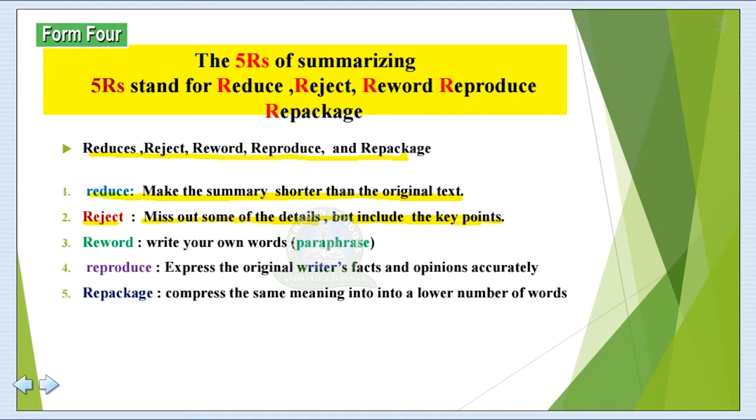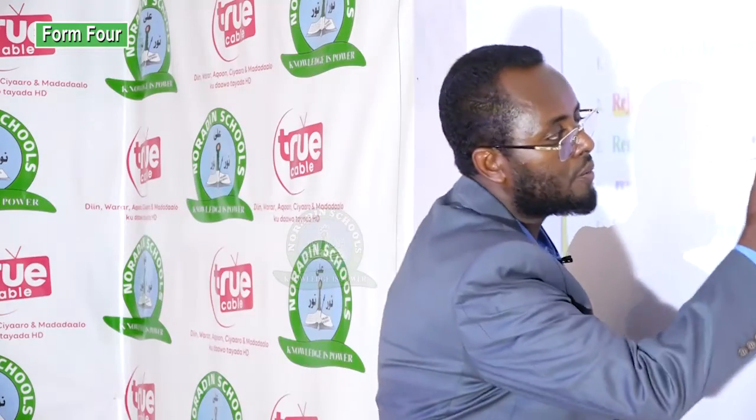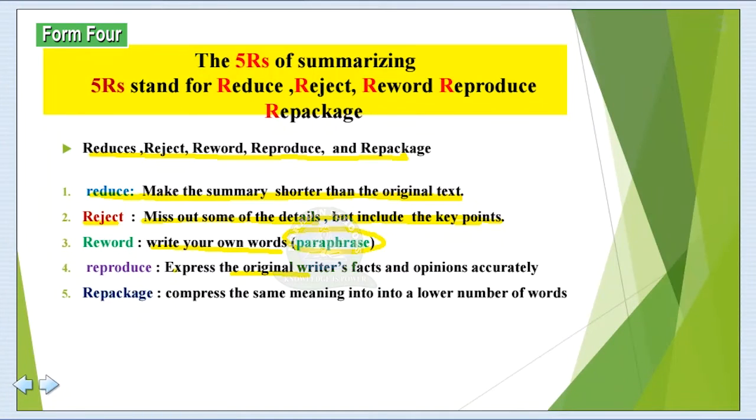What about reward? You're going to use your own words. You're going to use your English or your words. It means paraphrasing. So paraphrase. What about reproduce? Express the original writer's facts and opinions accurately.